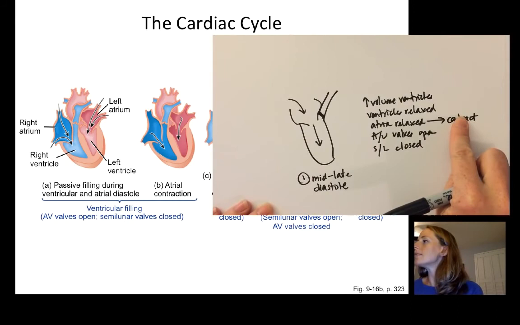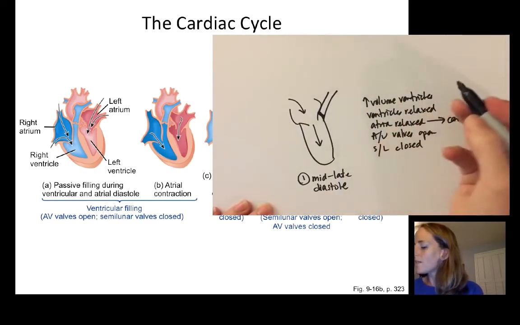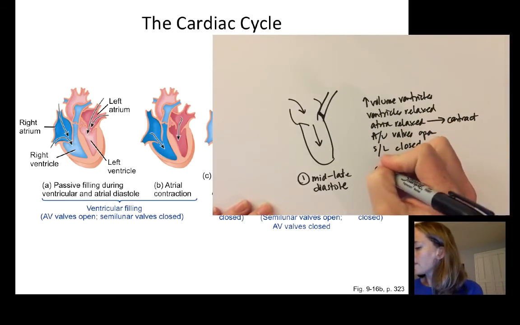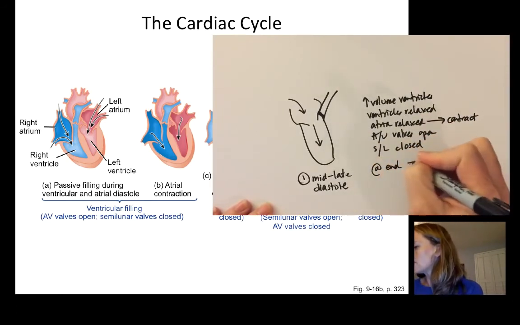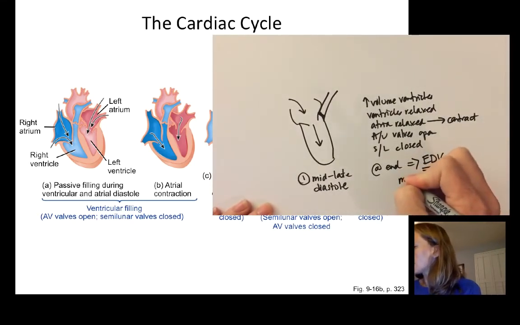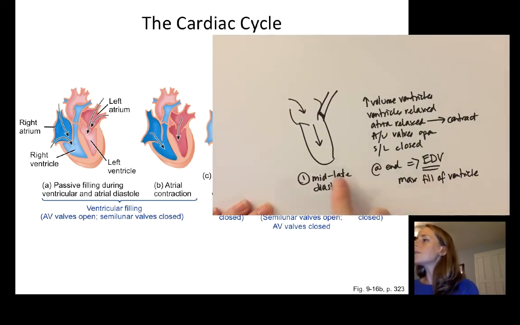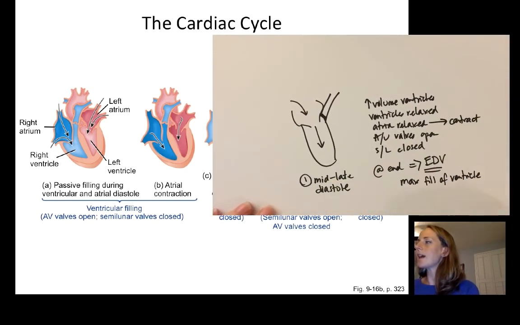They contract to squeeze more blood into the ventricles, and the volume of the ventricles at the end is going to be EDV, or end diastolic volume. That is your max fill of the ventricle. Okay, so that is the first phase, mid to late diastole.